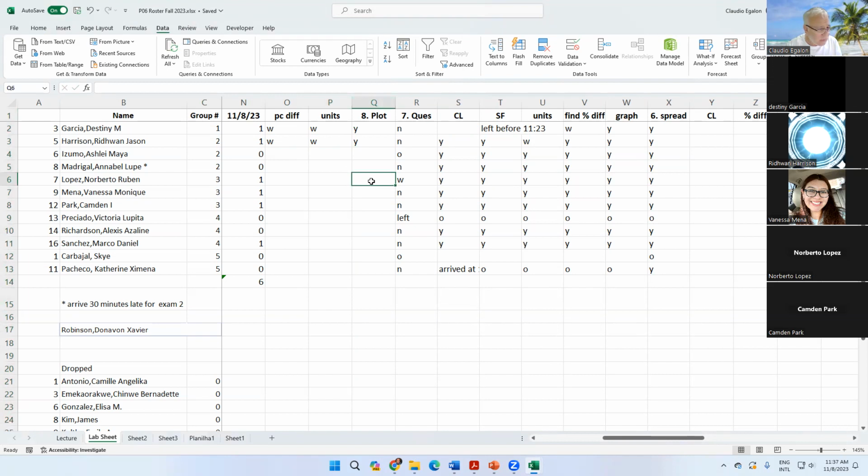So next, Norberto. Did you plot the graph, Norberto? Yeah, I was able to plot the graph. Okay. Did you finish the units? No, I haven't. I'm still working on that and the difference. Okay. You're also working on percentage difference. Vanessa, did you plot the graph?